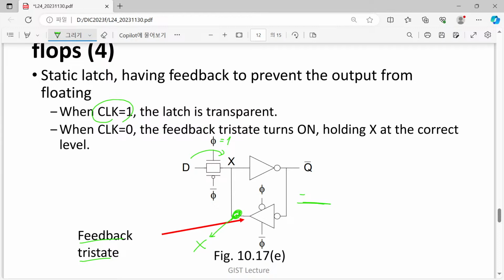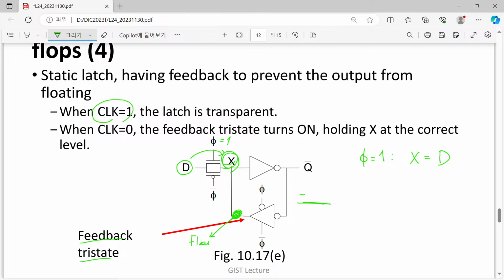Oh, sorry about that, this X is not related to this one, so it becomes just float. So we have an undetermined one, but fortunately in this case D and X are strongly coupled, so we can say that when clock equals 1, X becomes just a copied version of our D. Good.